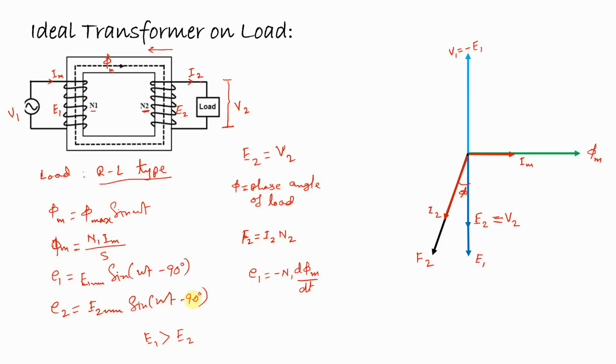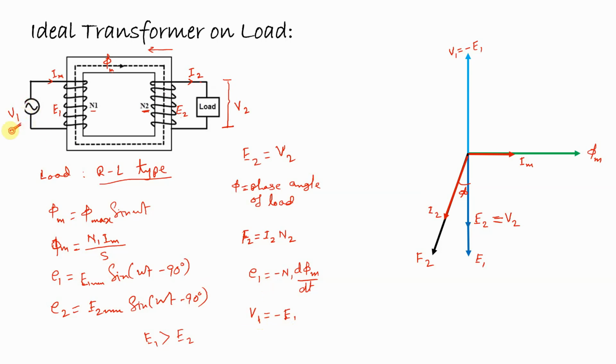But we have seen that in case of an ideal transformer, the supply voltage is equal but opposite to the induced EMF in the primary side. So if the magnitude of E1 is reduced, that means V1 should also be reduced. But V1 is the external supply voltage.